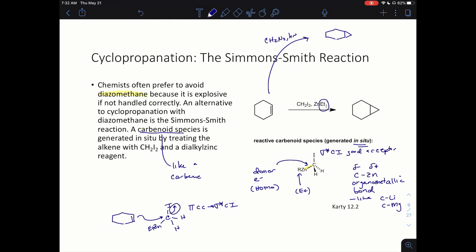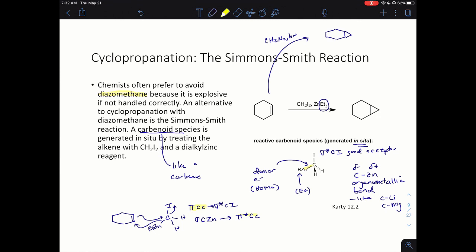That breaks the sigma bond. And then the electrons in the carbon-zinc bond, which you can think about as a lone pair on carbon if you want, or as the sigma C-zinc electrons, attack pi star CC.